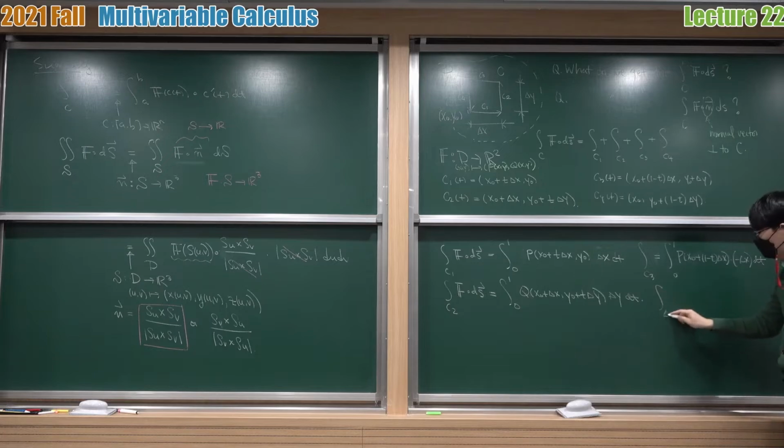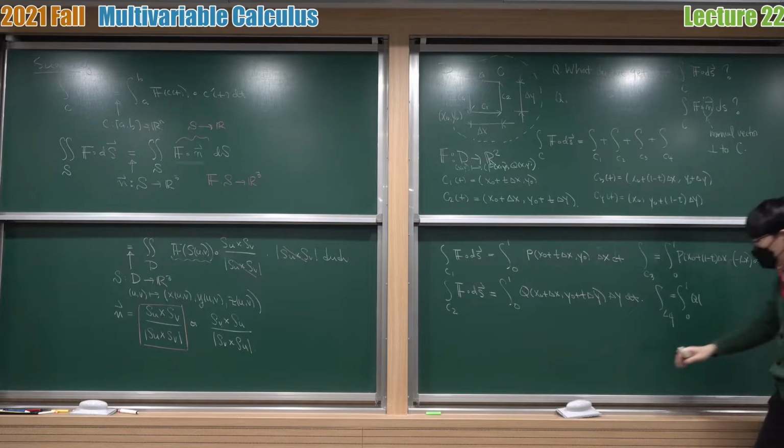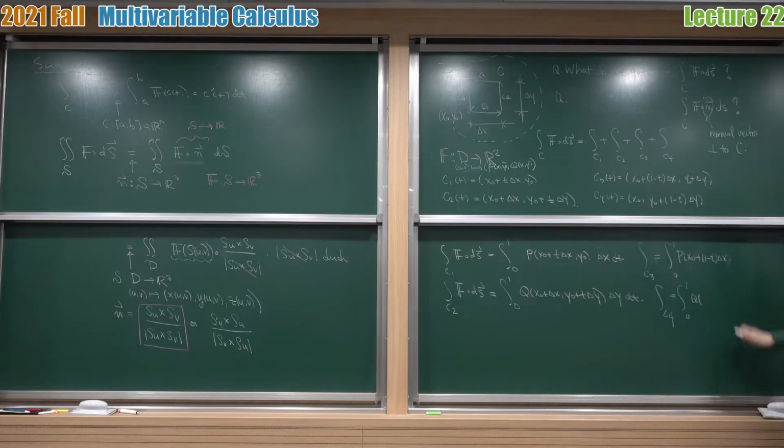And how about c4? This is 0 to 1 of Q, oh, sorry, I forgot to put one more coordinate here. So, comma, y0 plus delta y, minus delta x dt. And here we put Q at x0, y0 plus (1 minus t) delta y, and minus delta y dt, right?